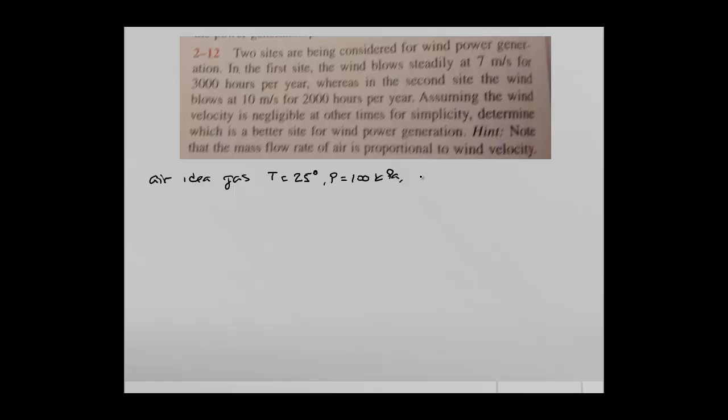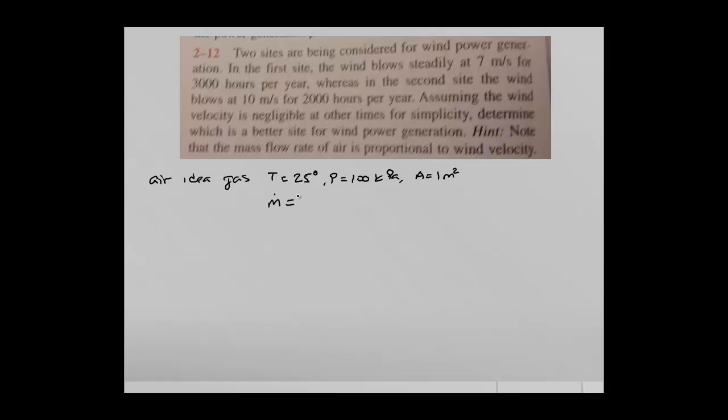And the area of this power generation can be considered 1 square meter. Obviously this is very low, but since both sites will have the same number, we will have comparable results. Okay, with this ideal gas, we know that we can get the mass flow rate.